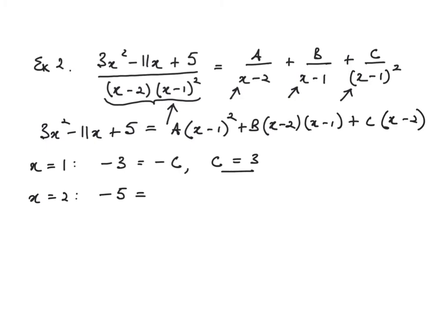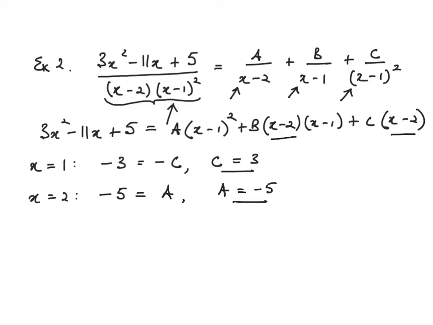So I hope you can see that with x equals 2, this bracket and this bracket here become 0 and the terms disappear. So we're left with the first term. 2 take away 1 is 1, 1 squared is 1, so it looks very much then as though a is minus 5.